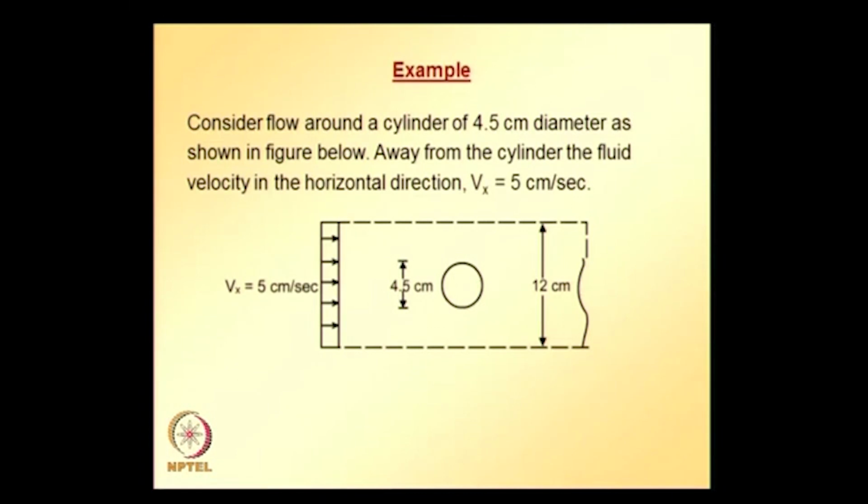So, the constant psi values, that is psi t and psi b, as I just mentioned, can be determined from the flow rate per unit thickness. Here thickness is assumed to be 1 unit.